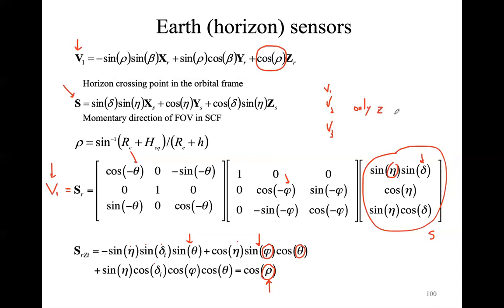And so what happened here is that by equalizing the third component that you have from these rotation matrices of your measurements to the third component of the known vectors V1, V2, and V3, you can indeed determine phi, theta, and also rho, that is a function of the altitude. If you have only two, of course, you need to know rho.